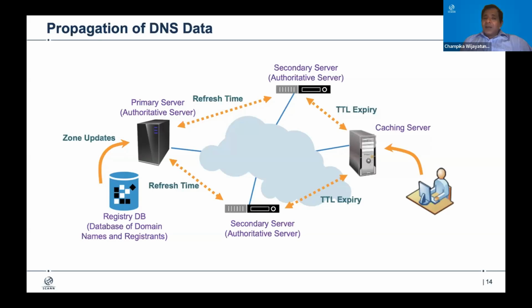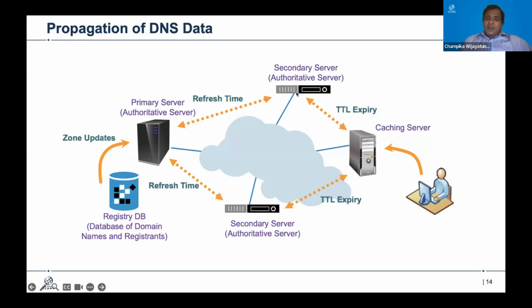I said that you have to maintain a consistent serial number, the version control, so that when the secondary comes and checks, if the primary and the secondary serial numbers are the same, then the secondary would not do a zone transfer, because it assumes it has the same data.